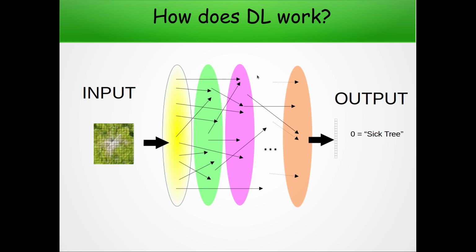If it was correct, we say, okay, these parameters, these weights as they are also called, these values for these variables are okay, because I got it right. If I output something wrong, if I say this tree is healthy, and it's not, because I also have the correct answer, then I'm going to say, oh no, these parameters don't work, let's do something else.